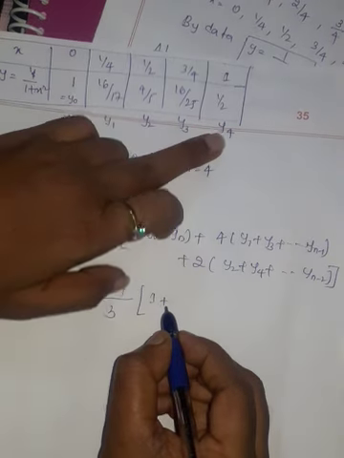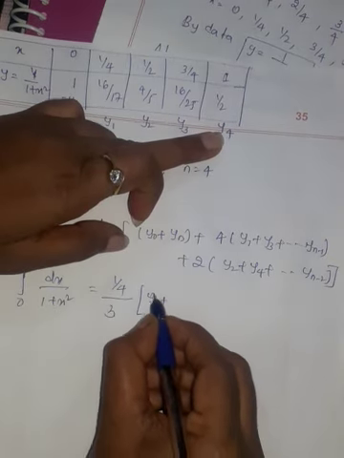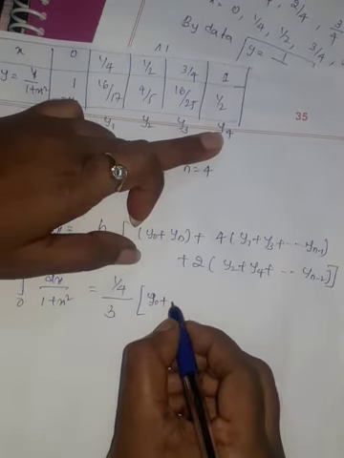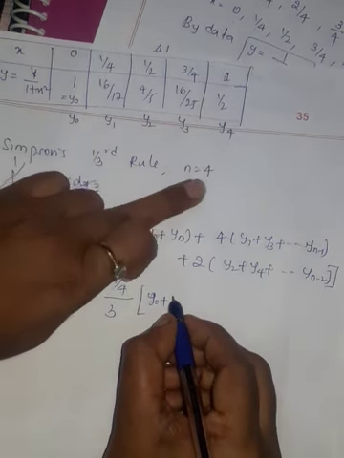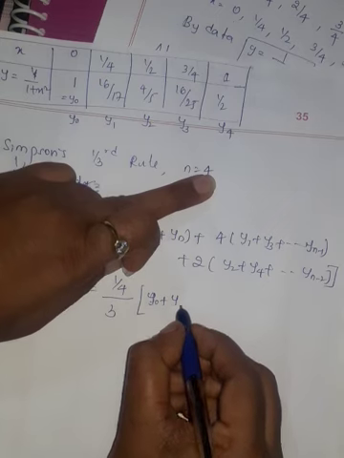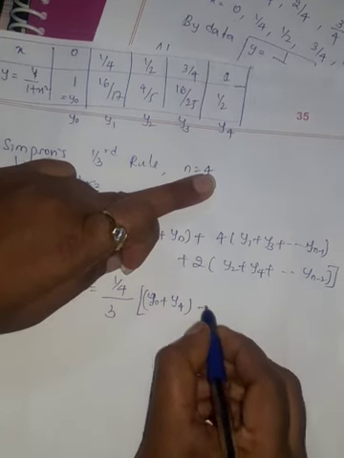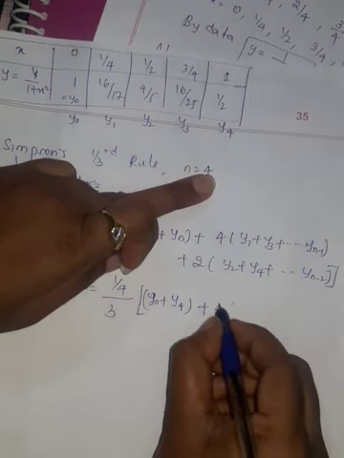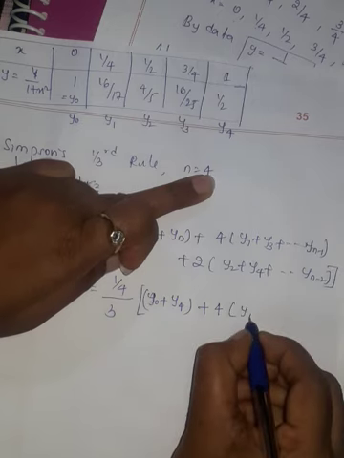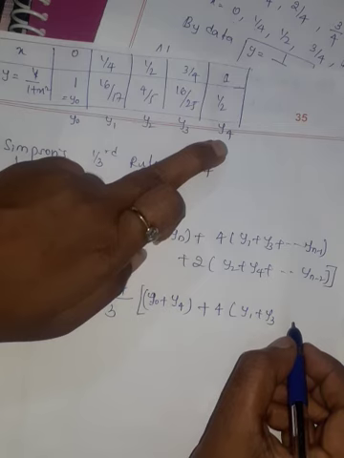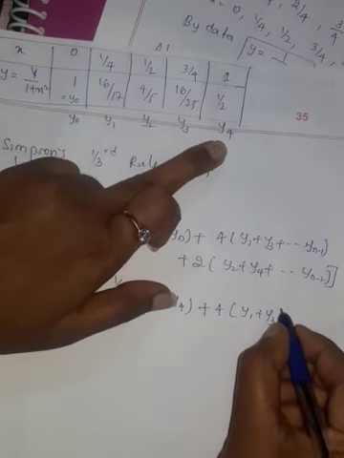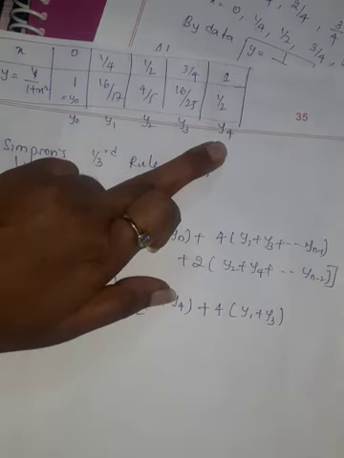Here n is equal to 4, so yn is y4, plus 4 into y1 plus y3, because we have terms up to y4. So here it is up to y1 plus y3.